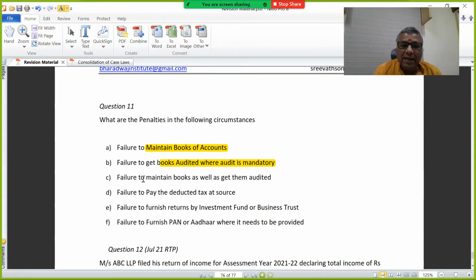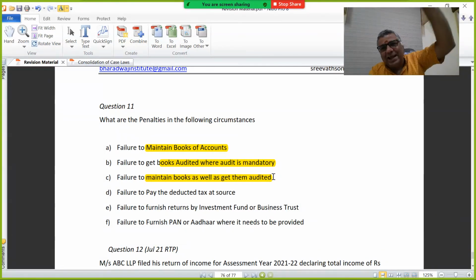Failure to maintain books as well as get them audited: this is a very unique, old case. You cannot levy two penalties for the same default, so only 25,000.